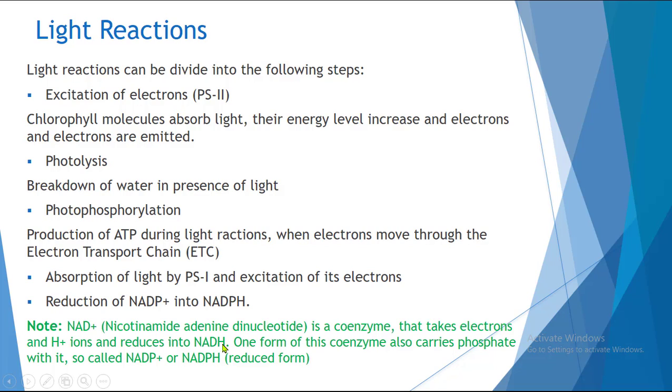So NADH is the reduced form of NAD, the coenzyme nicotinamide adenine dinucleotide. One form of this coenzyme also carries a phosphate group with it, so it is called NADP. And when this NADP is reduced, NADPH is formed.